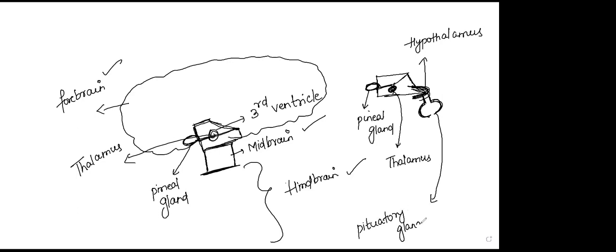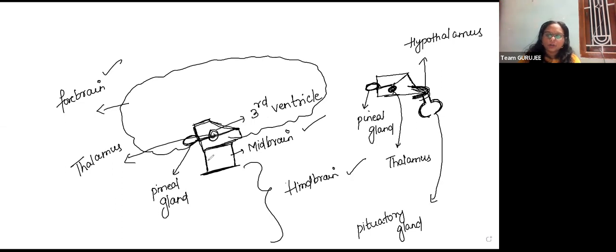Let me tell you once more. On the surface of the midbrain, there is another ventricle called the third ventricle. To the third ventricle, there are some organs situated or connected.